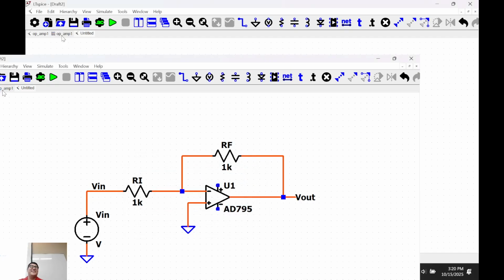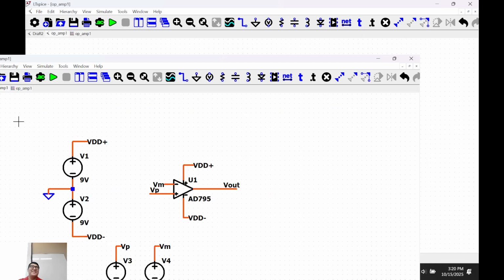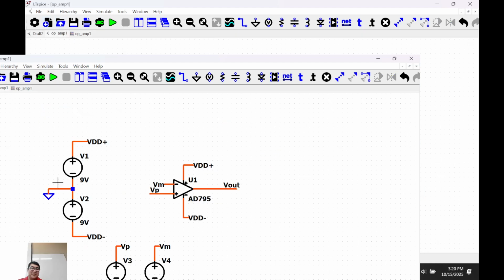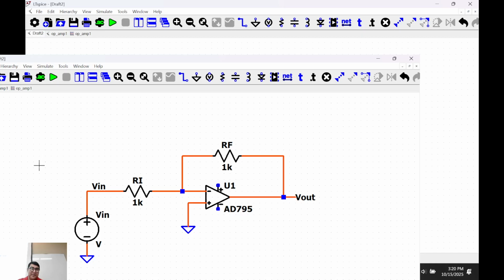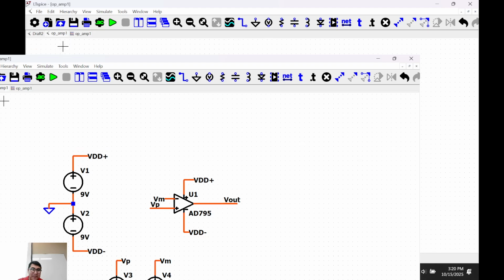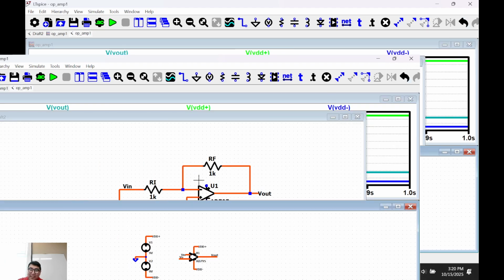What am I missing? Power supplies. I need to turn this thing on. Control click. Draft 2. What in tarnation? I don't want to have to do this again. Come on, let me copy this.